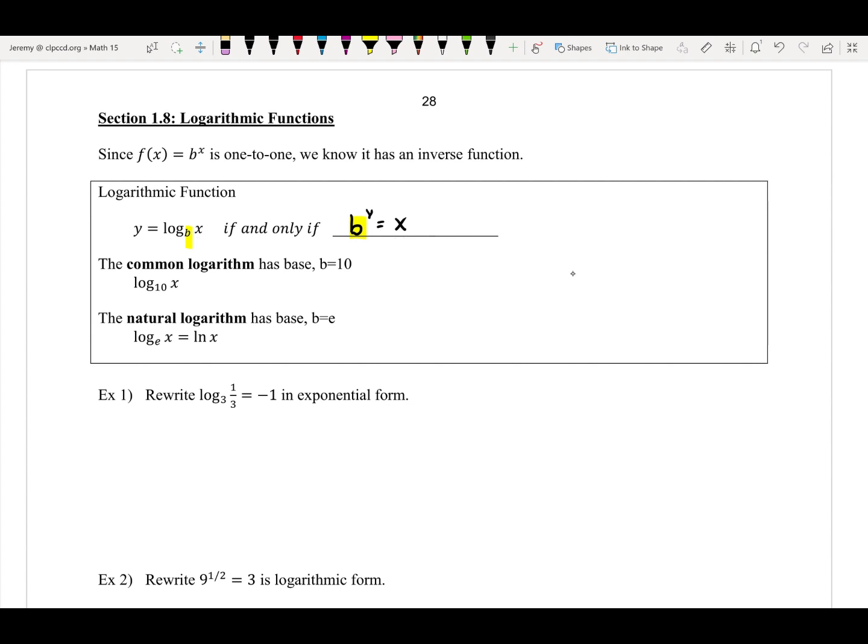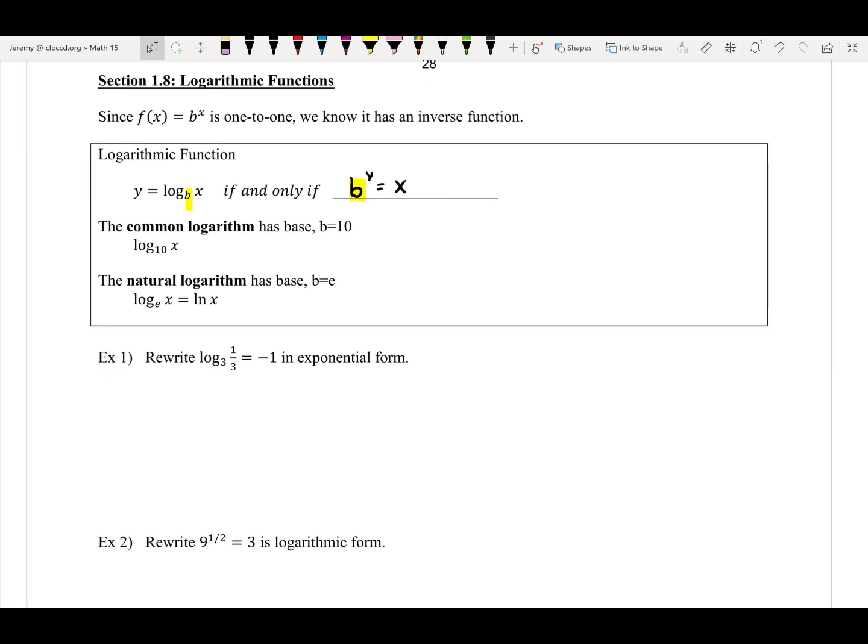And then this y, so y is like the input to the exponential function, becomes the output to the logarithmic function. So notice that we define this log function in such a way that we take the exponential function, we just switch the inputs and the outputs. That's exactly what an inverse function does.